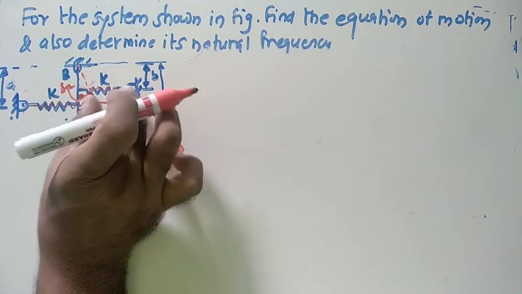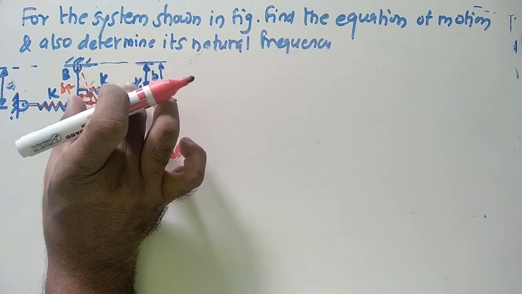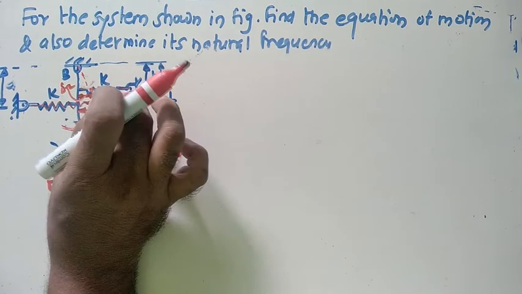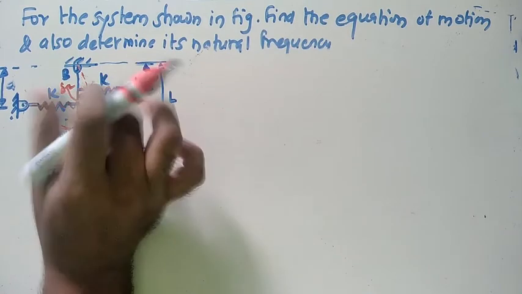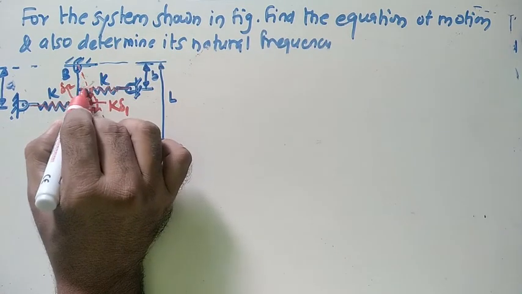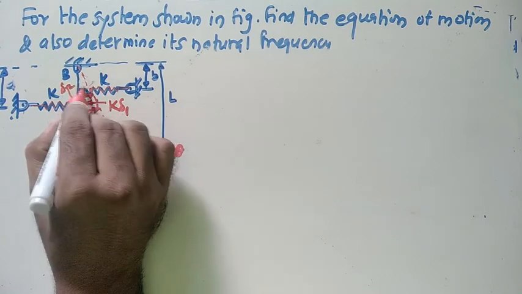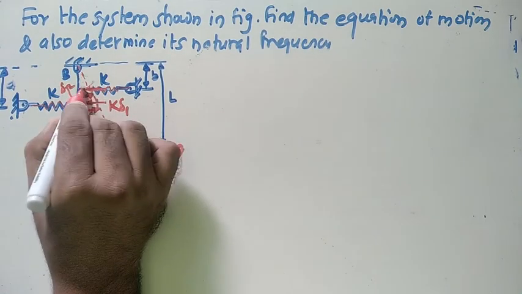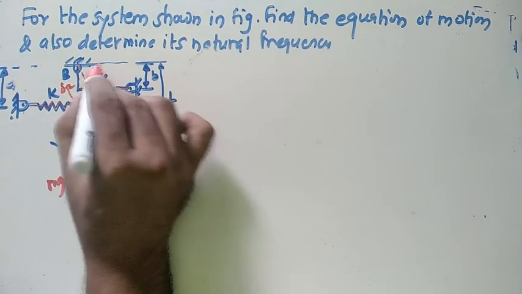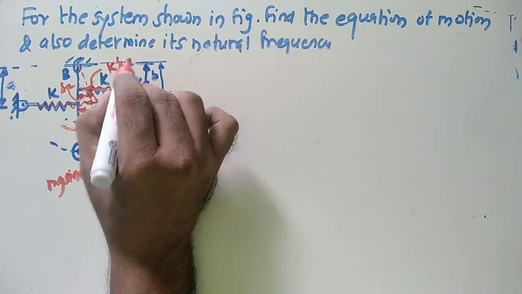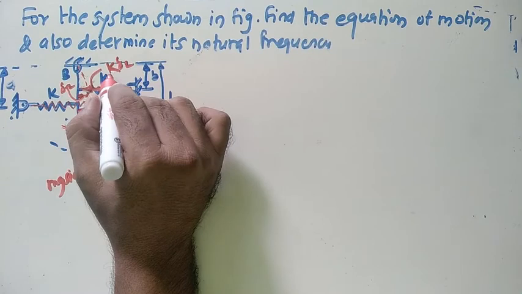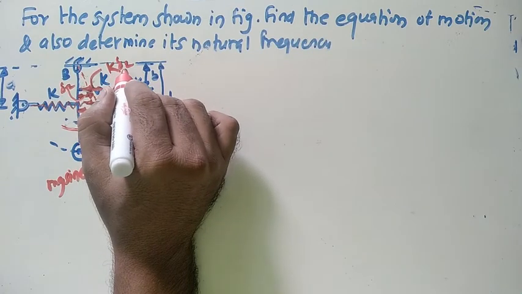In the other case the spring gets compressed, so the tendency of this spring to restore its original shape means the spring force will come in the same direction like this one, whose magnitude is stiffness k and displacement delta 2, k into delta 2.